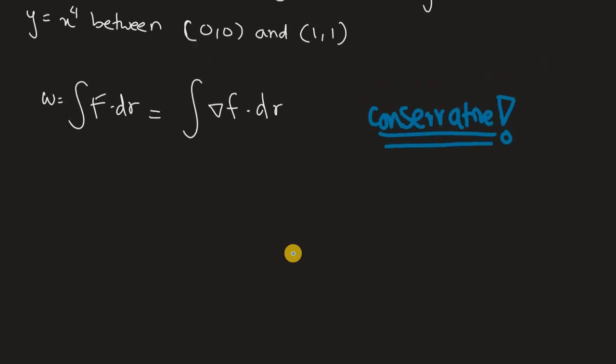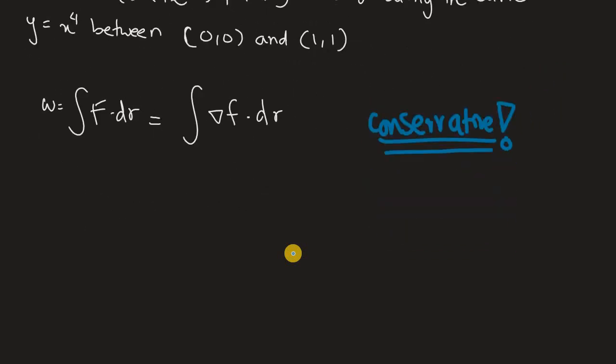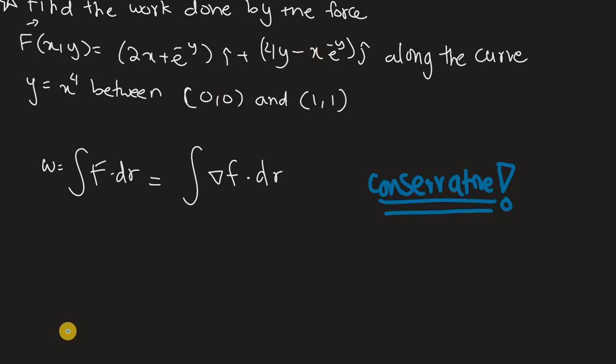Okay, and how do we prove that the vector field is conservative? Here we have a two variable function. If you remember in the curl video, I told you how to find the curl of F. For the 3 variable function, you had an equation to memorize, and then you need to show that the curl F is equal to 0 or not.